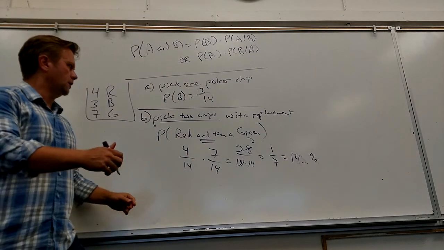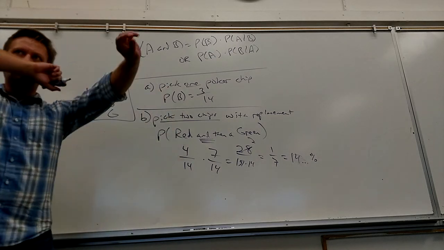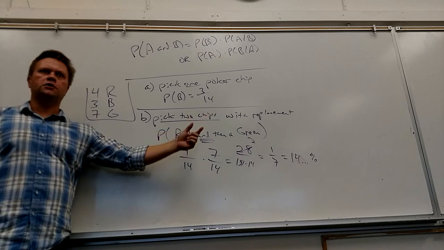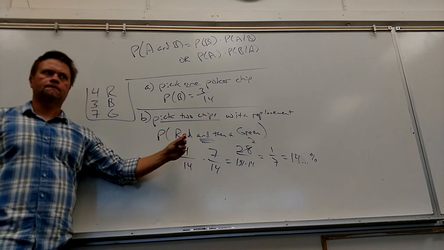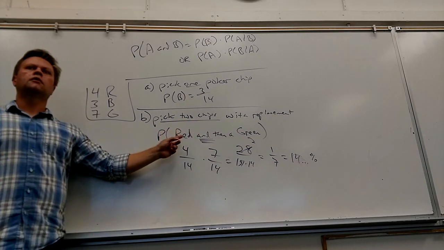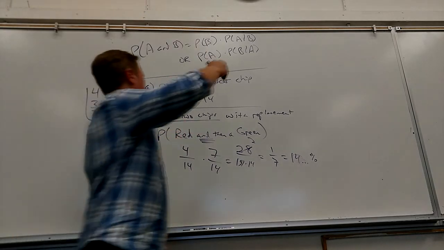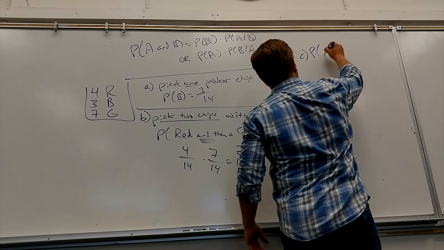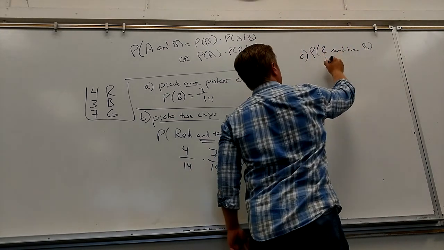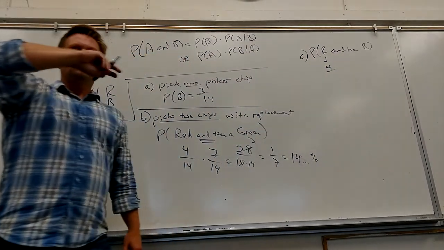But now, if I would have said red and then blue, the only thing that would have changed up here would be what? If I said red and then blue instead of red and then green. Well, let's try it. I got a few people looking at me like I'm crazy. Probably red and then blue. Well, probably the first one's a red one is still 4 out of 14.